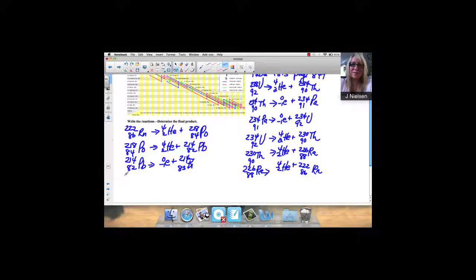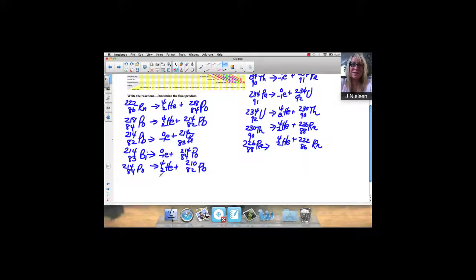And that undergoes decay. Beta, forming 214, 84 polonium. And that undergoes alpha decay and produces 210, 82 lead, also not stable.